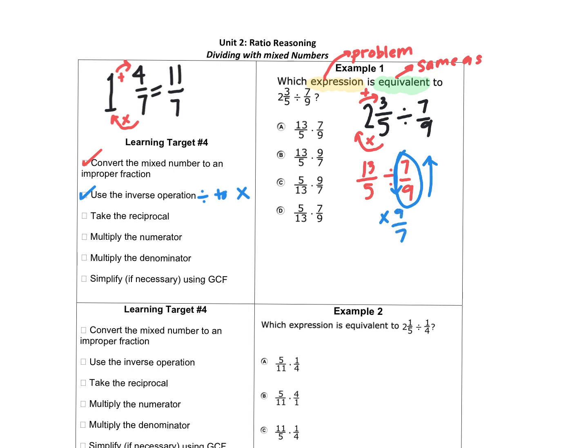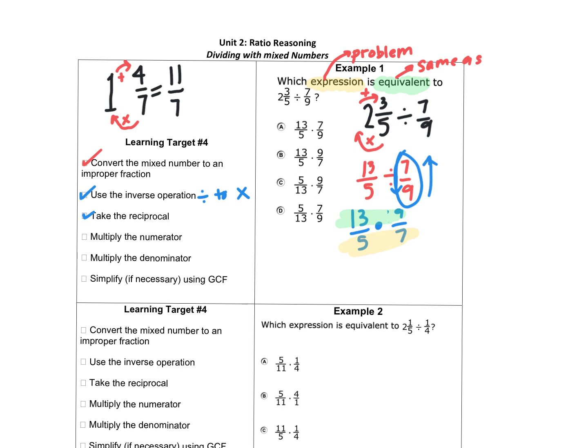Let's move this multiplication sign. In fact, I'm going to use a dot, okay? And then we still have 13 over 5. So we take the reciprocal, just like we did, and now we're going to multiply the numerators and the denominators. So we're going to multiply 13 and 9. And we're going to multiply 5 and 7, okay?